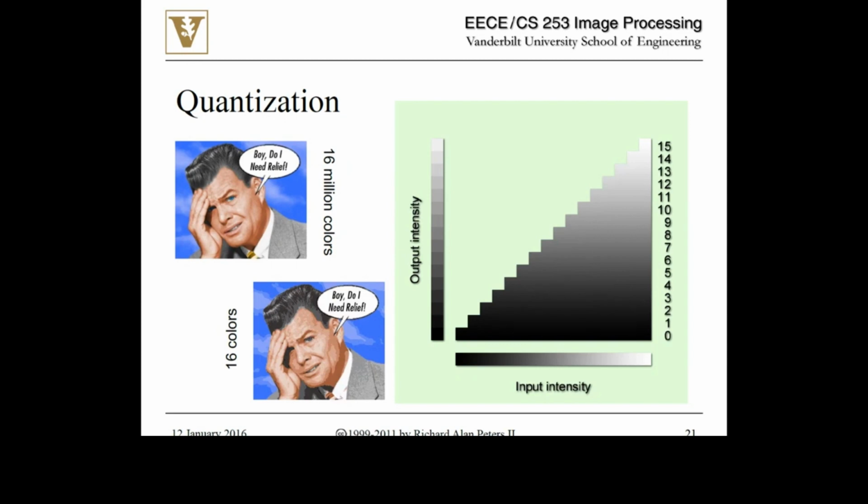And this is just an illustration of how an image can vary if we use 16 million colors, or we use 16 colors. How many bits do you need for that? What is the most natural number of bits for images?